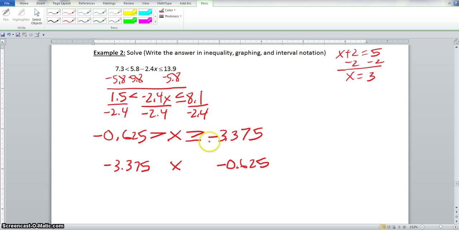Now we have to determine the inequalities. If you notice in the original problem, the greater than symbol, or the opening, was towards the variable here. So now this inequality symbol here is the one that's opening towards the variable. So we will write that here. It'll be less than or equal to the x.